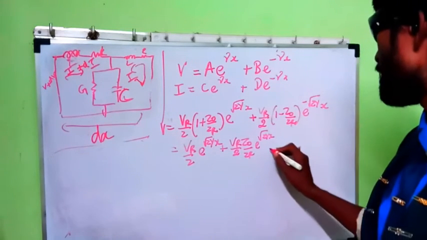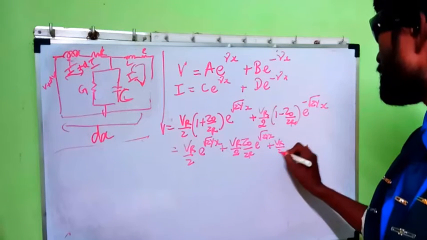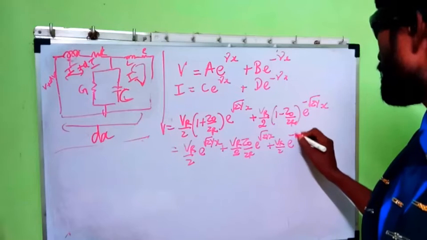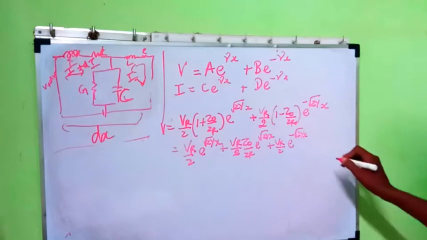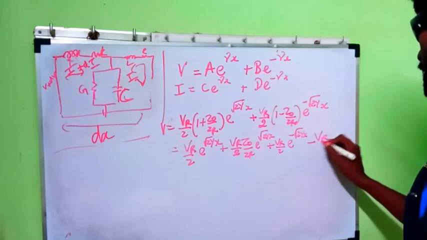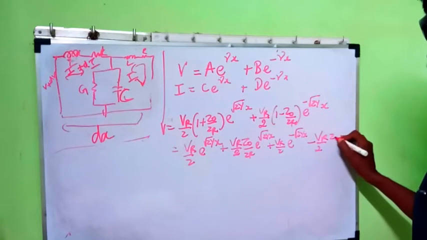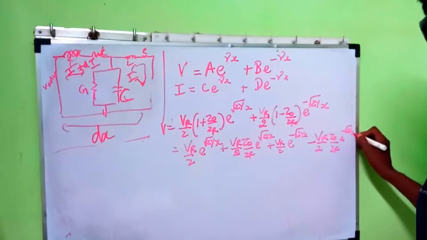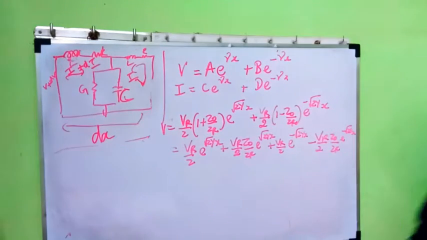Multiply everything, and plus V R by 2 into e power minus root of zy into x, and afterwards minus V R by 2 into Z naught by Z R into e power minus root of zy into x. That's all it's going to be, right?